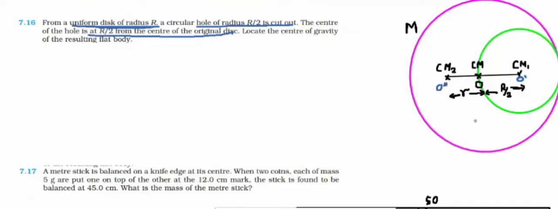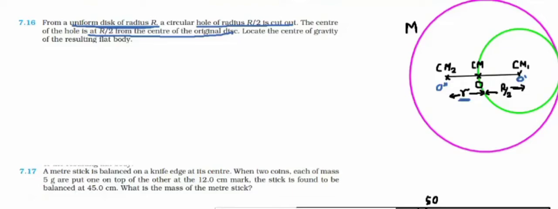So this is the situation given, and to locate the center of mass you need to find the value of small r. With respect to the original center of mass, where is the position of the new center of mass of the remaining body after the green part is removed?